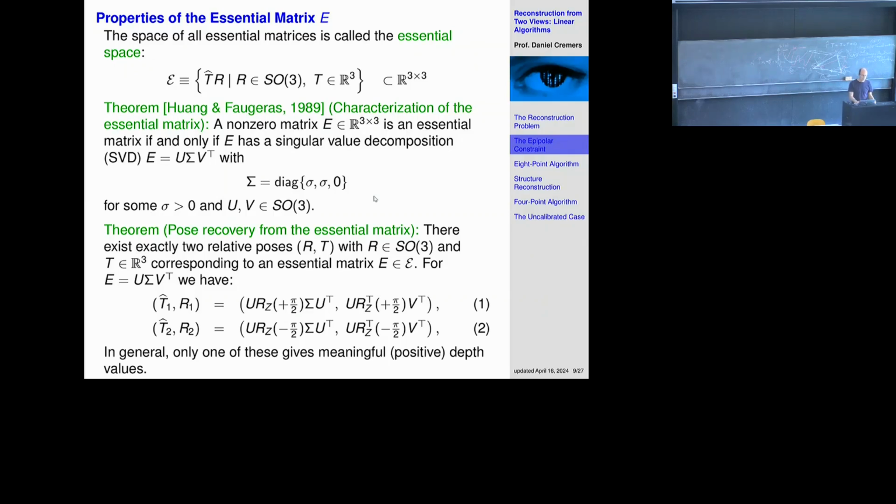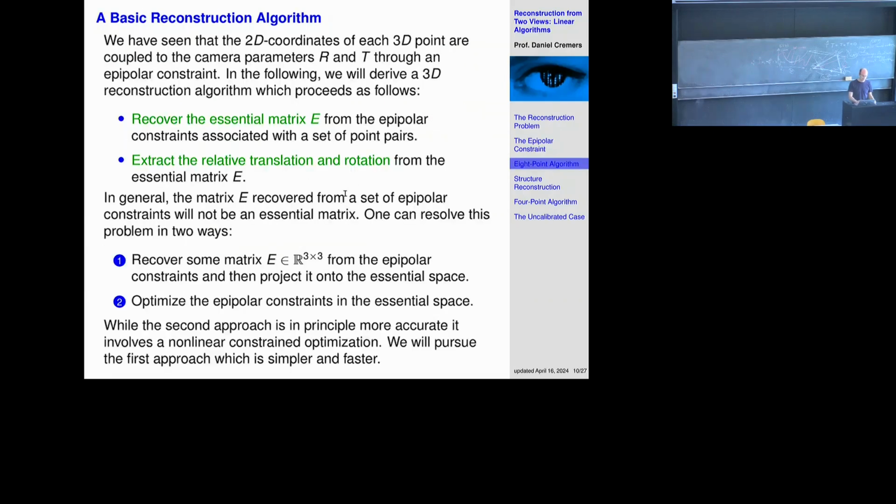But you can compute E and then project onto this space. We'll see how that can be done. And then you can extract relative translation and rotation. This is typically how we proceed.